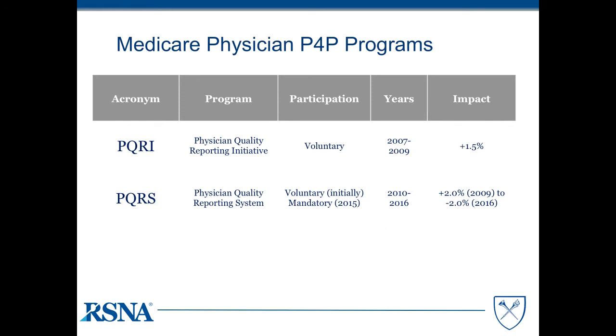But over the next several years, it changed to a penalty system in which you didn't get anything for participating, but you got a penalty of as much as 2.0% for not participating. That effectively means that the program became mandatory. But, like PQRI, the payment adjustments were all unidirectional. That is, you either got a bonus or not in the earlier years, or a penalty or not in the later years.